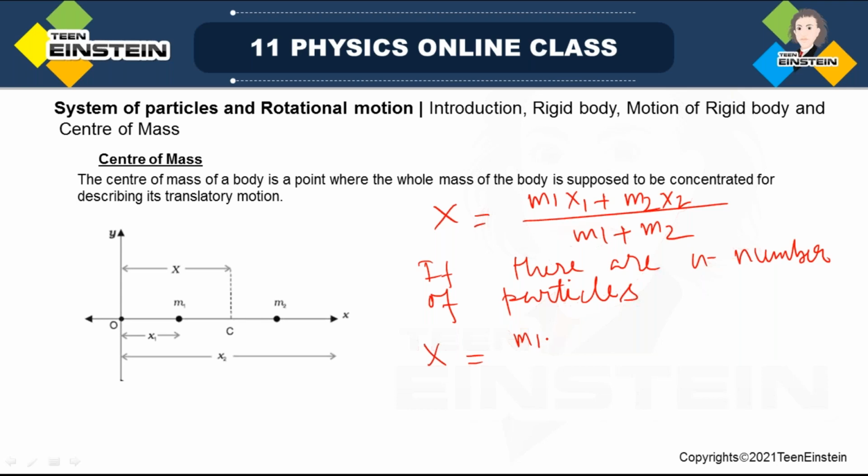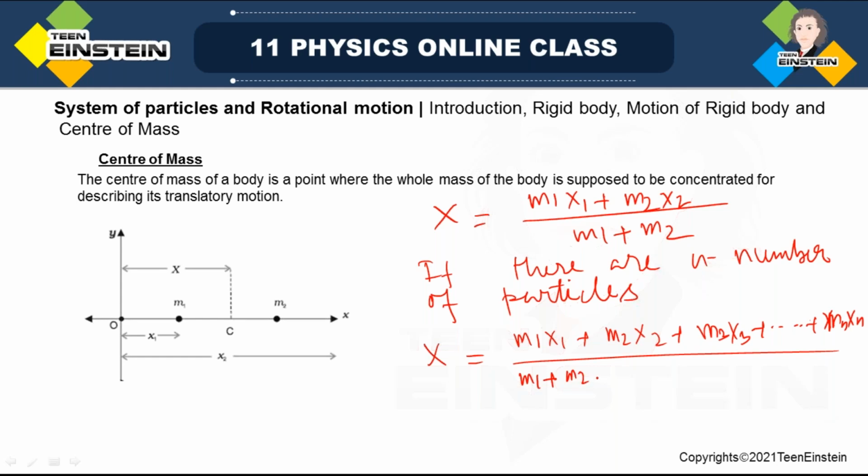Center of mass coordinate can be written as m1 x1 plus m2 x2 plus m3 x3, like that it goes up to mn xn. And in the denominator also there will be the summation m1 plus m2 plus m3, dot dot, up to mn.